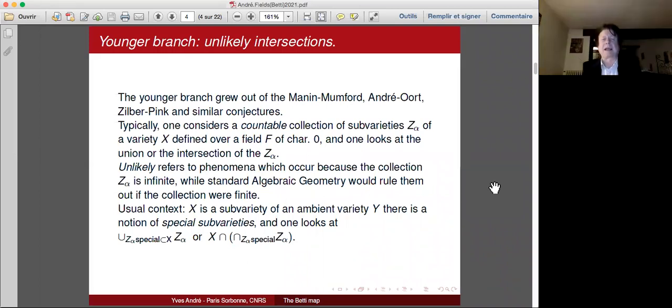X is actually a subvariety of an ambient variety, let's say Y, in which there is some notion of special subvarieties.